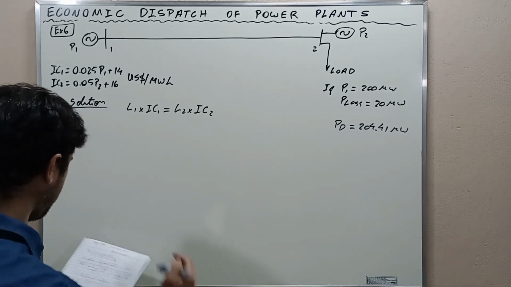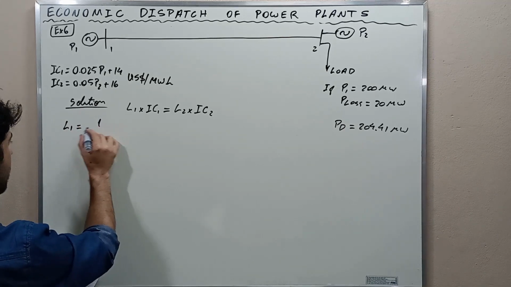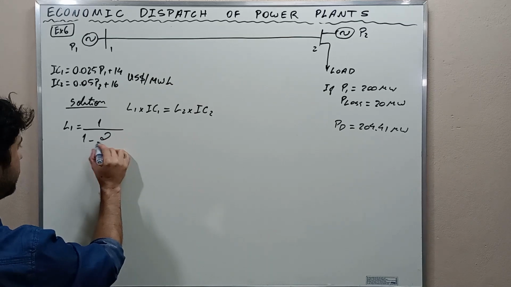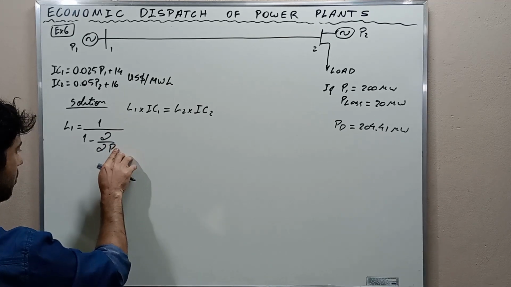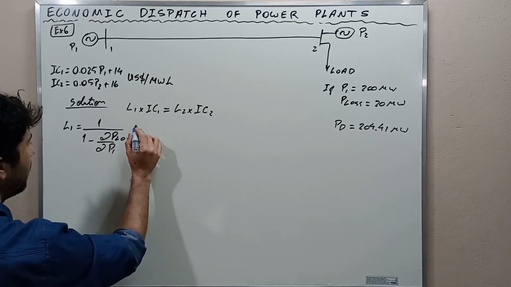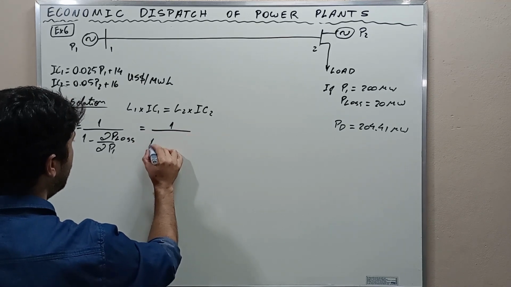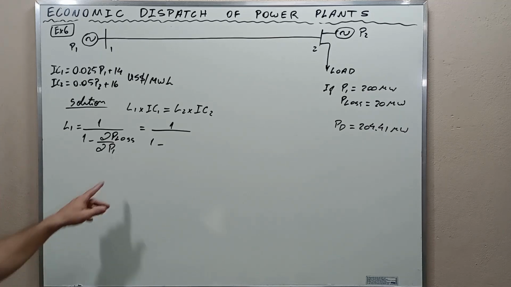L1 will be equal to 1 over 1 minus the partial derivative with respect to P1 of P loss, and this is equal to 1 over 1 minus, we have to differentiate the expression that we found.